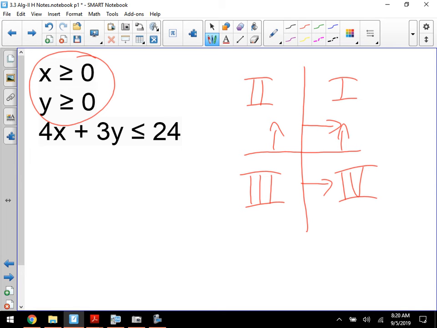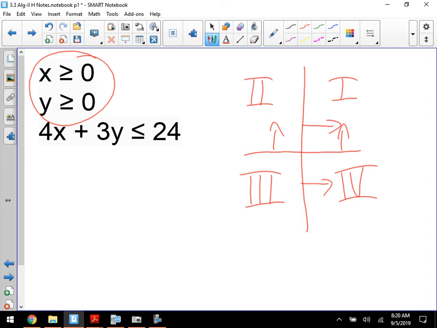That's the bare minimum where the feasibility is going to occur. If you see just x greater than or equal to 0 and nothing for y, you know it's got to be the first and fourth quadrant. It's those ideas of how you can bound your region without having to draw the giant thing.